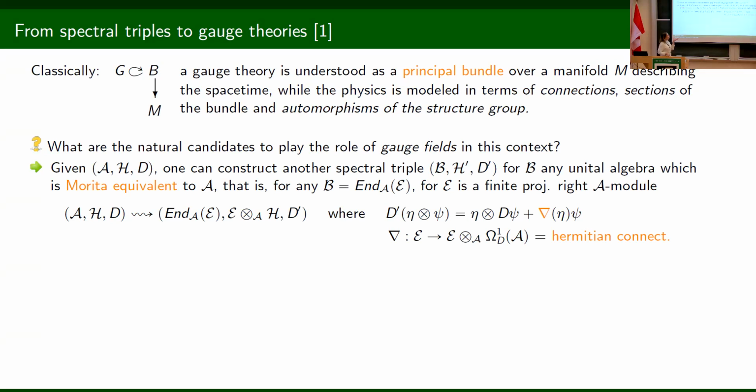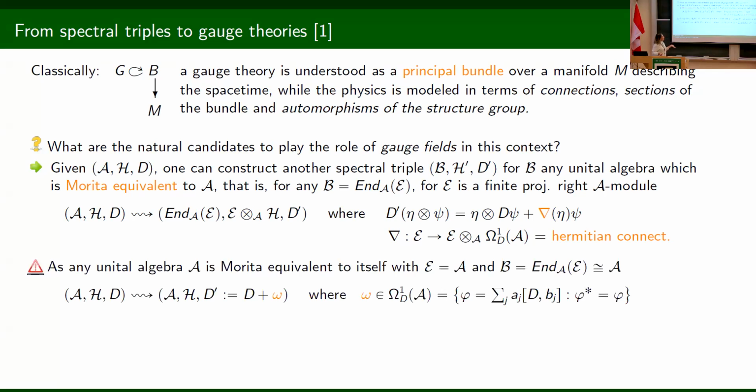We all know that when we are given an algebra A with a spectral triple over it, we can consider a new algebra B, which is Morita equivalent to the first one, and transfer the structure of the spectral triple from A to B and construct a new one. Of course, one can do this kind of mechanism on an algebra itself, so self-Morita equivalence.